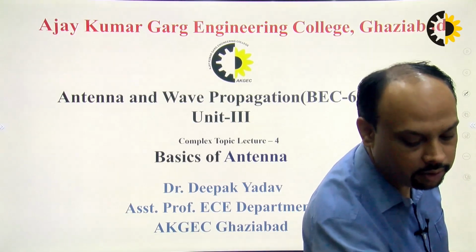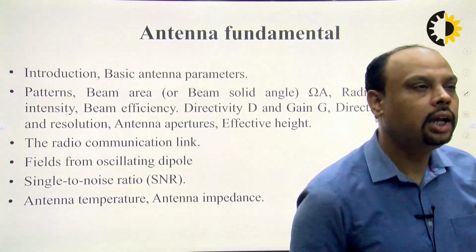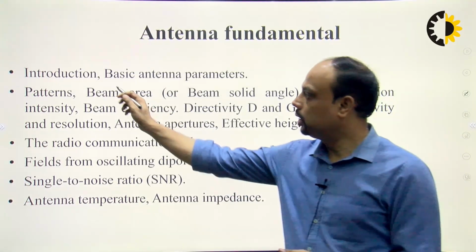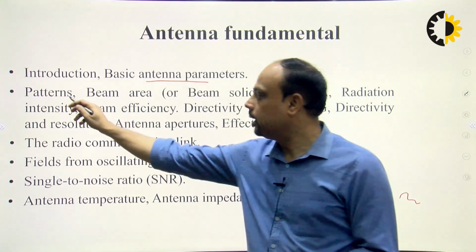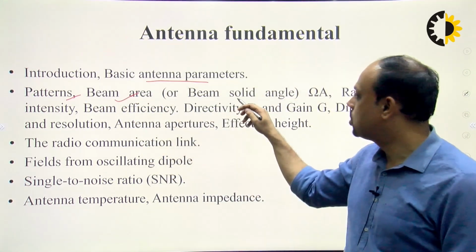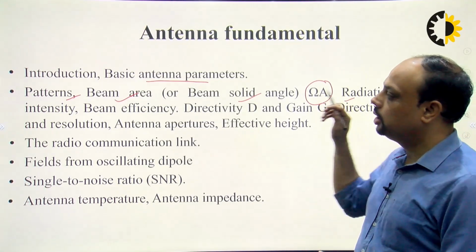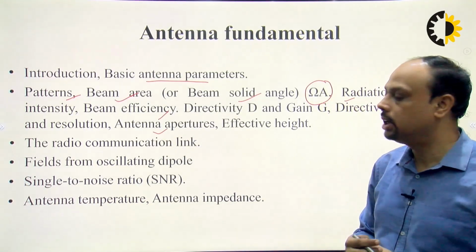So we will start with a little introduction about what we are going to study today, and this is antenna fundamentals, in which we will study the introduction and basic antenna parameters like radiation pattern, beam area, beam solid angle, which is represented by omega A, radiation intensity, beam efficiency, resolution, aperture efficiency, and antenna height.